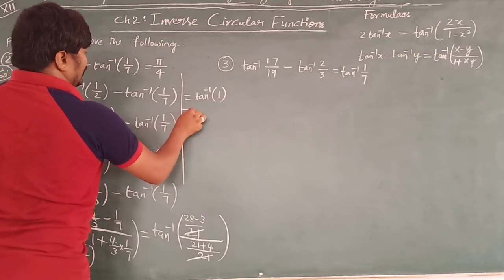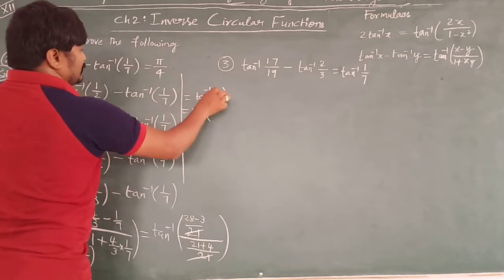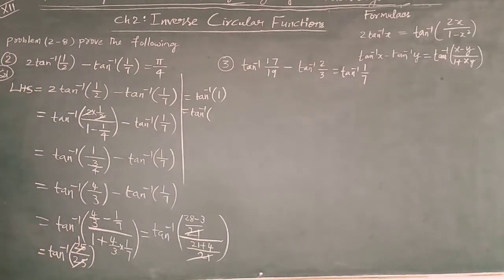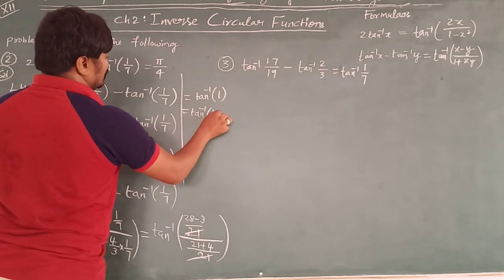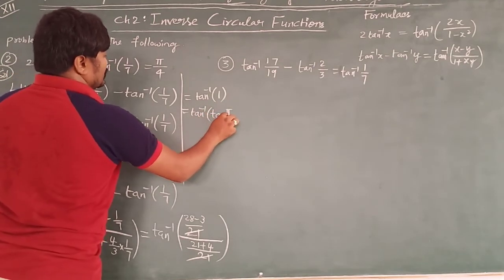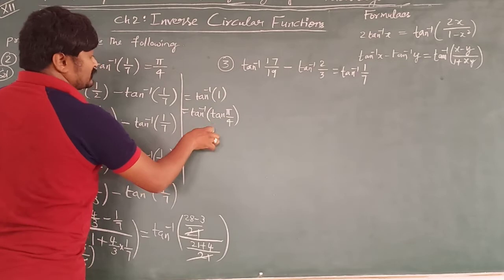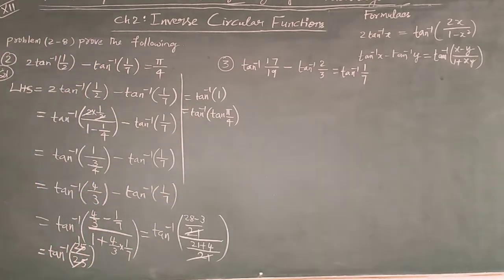Tan inverse 1 is nothing but, in the tan values, when you get 1, tan pi upon 4 is nothing but 1, that means tan 45 degrees. Tan inverse tan theta is equal to theta when the conditions are given.